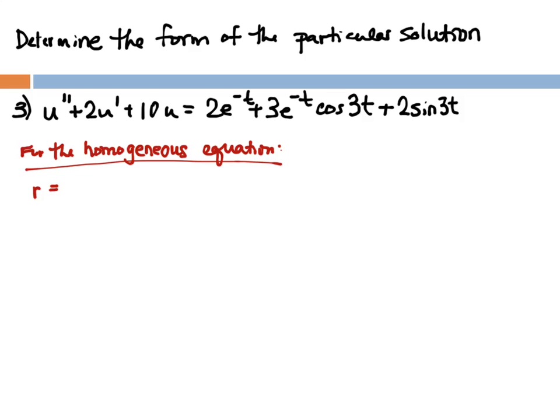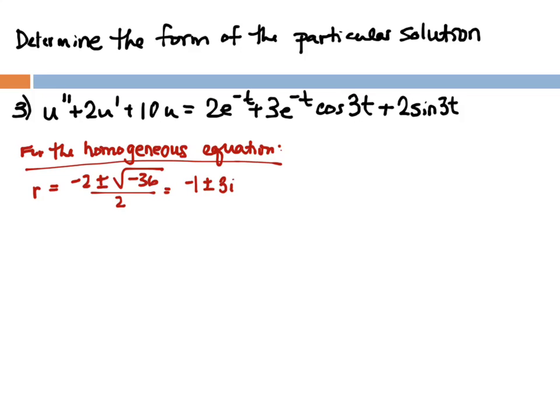So somebody tell me what we're going to get for r equals. I'll start you out. -2, now what? Square root of -36. Okay, so you got -36 over 2. What's this going to end up looking like? It's -1 plus or minus 3i. Excellent. So those are our r values.